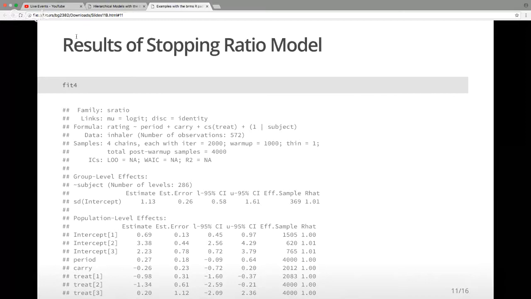Why is the effective sample size different? Right, so these can be different. This is something that's always kind of troubled me, but these can be different. This is basically saying we're estimating this with the same precision as if we drew 369 times independently from this margin.